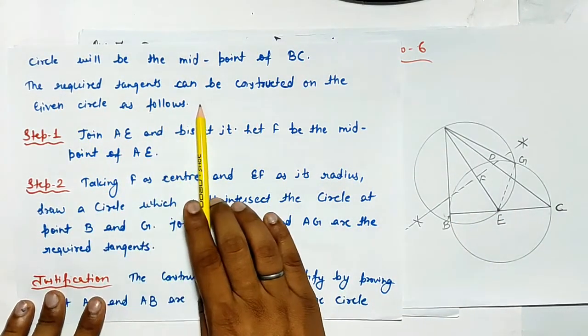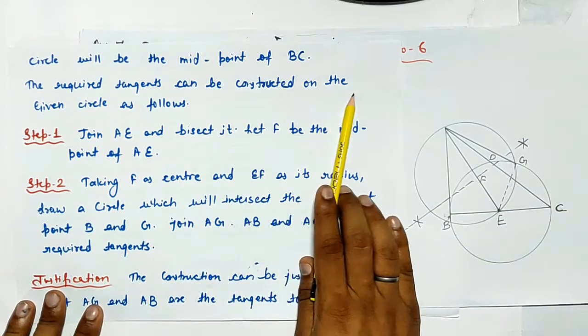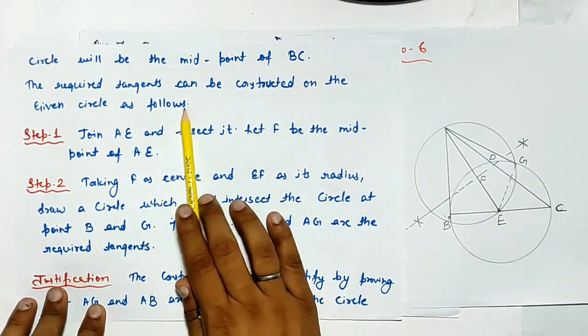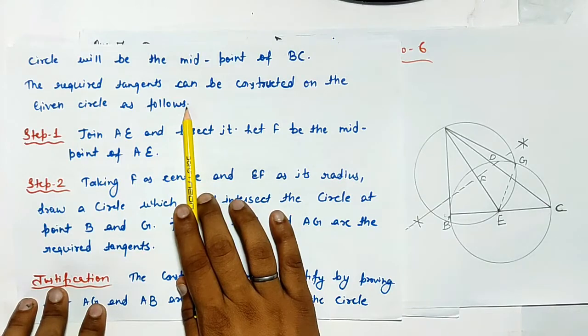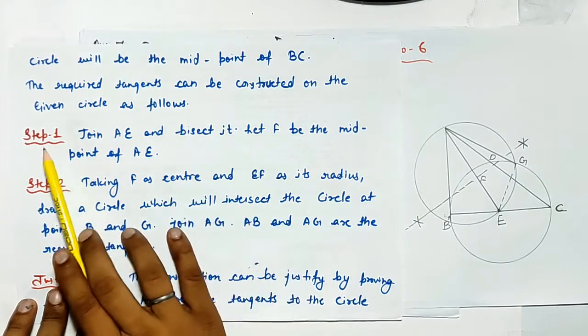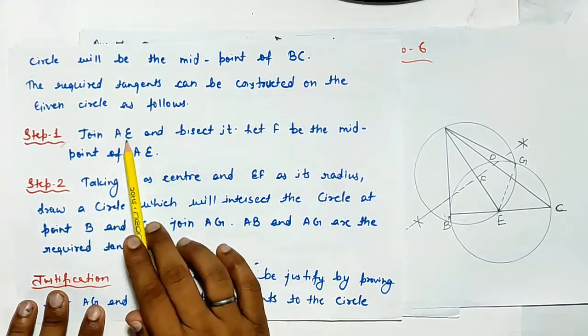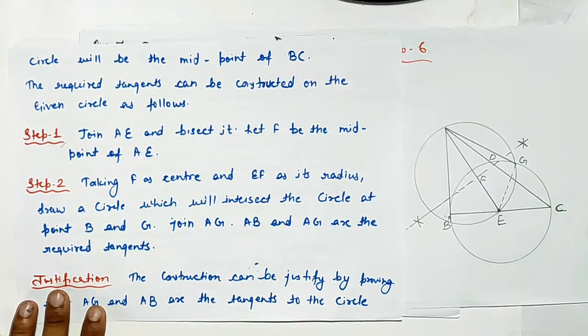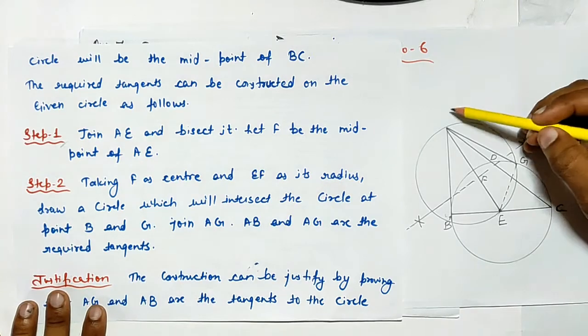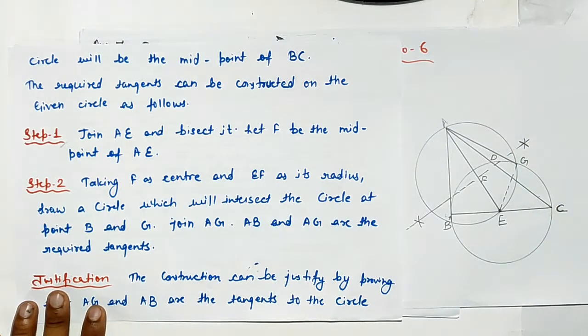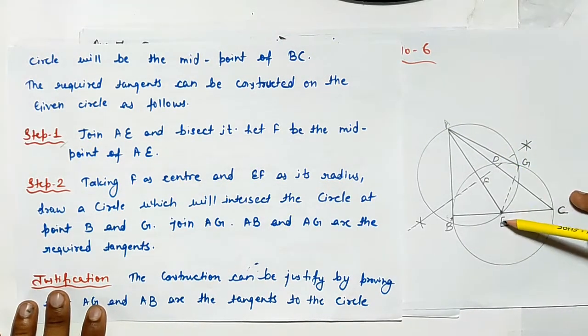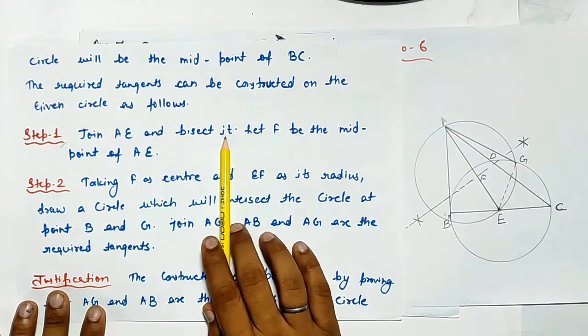The required tangent can be constructed on the given circle as follows. So you need to construct tangents. So for constructing tangents, step number 1 is join AE. So here is a point A. So what you need to do is join AE and bisect it.